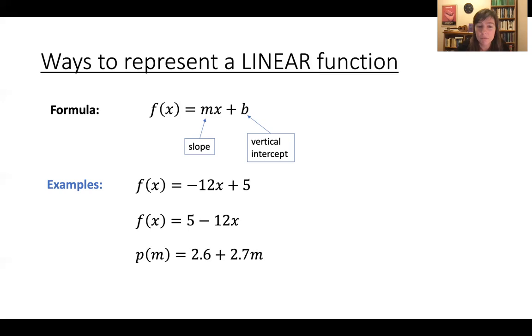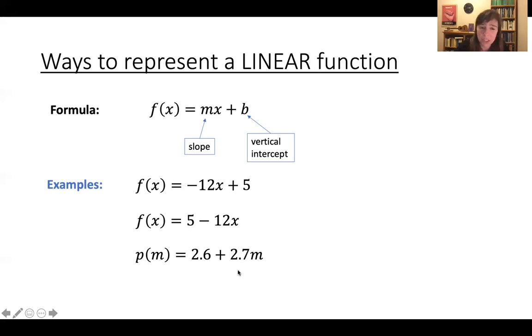One other potentially tricky one is this: P of m equals 2.6 plus 2.7m. I want you to pause for a moment and think, what's the slope of this function? The slope here is 2.7 because m now is our variable.